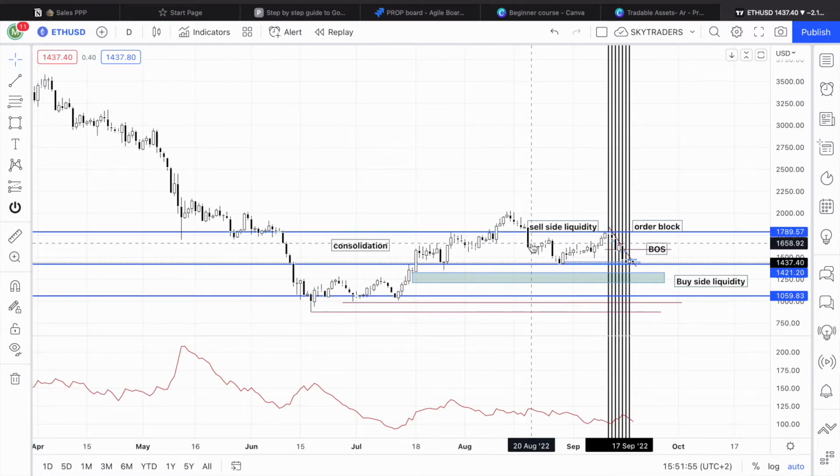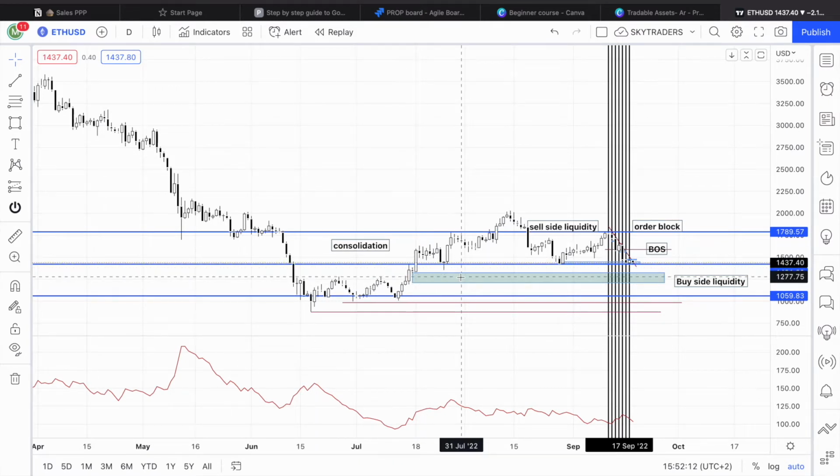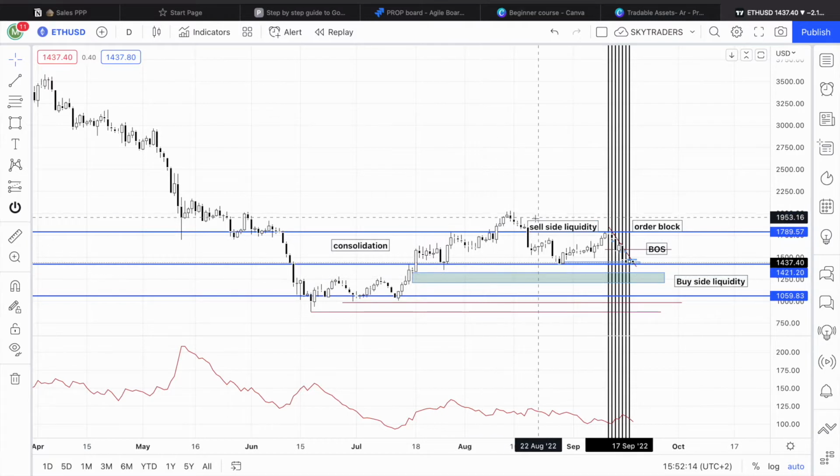During this consolidation area, price is trying to reach the bottom of this consolidation, because we have here buy side liquidity of this high pressure buy candle that broke this market structure. So now a lot of buy orders were placed exactly at this area, and a lot of sell orders were placed at this area, right?